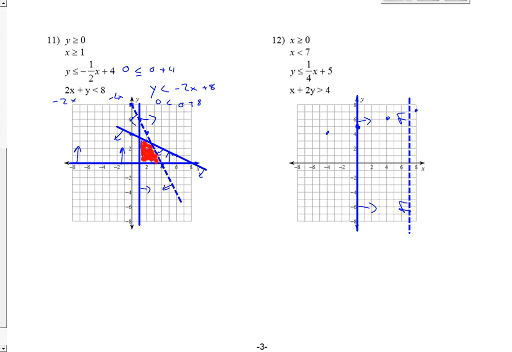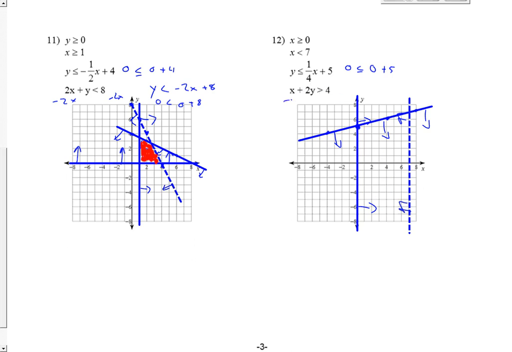Okay, and that line is going to be like this. And it is a solid line. If I plug in 0 and 0, I will get 0 is less than 0 plus 5. That is true. So I'm going to be shading down towards the point 0, 0. So far I'm in this area right here.